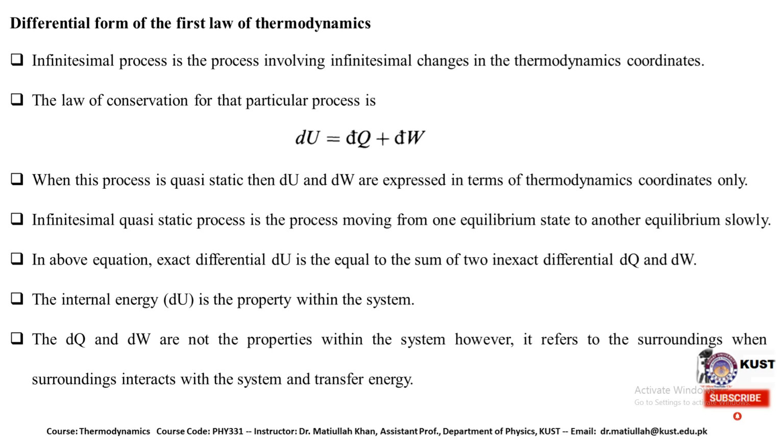Internal energy is a property of the system, and that is why it is an exact differential. The terms dQ and dW are not directly properties of the system. However, they refer to the surroundings, when the surroundings interact with the system and transfer energy in the case of temperature difference or some other things.